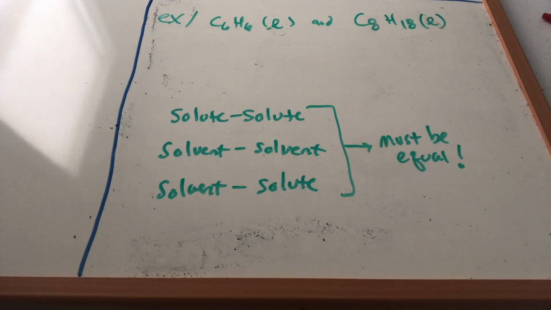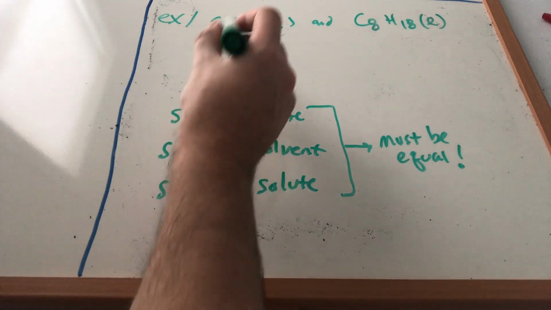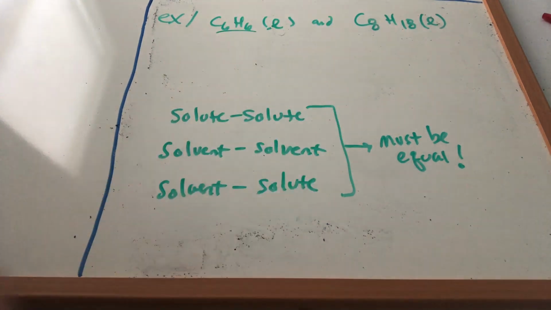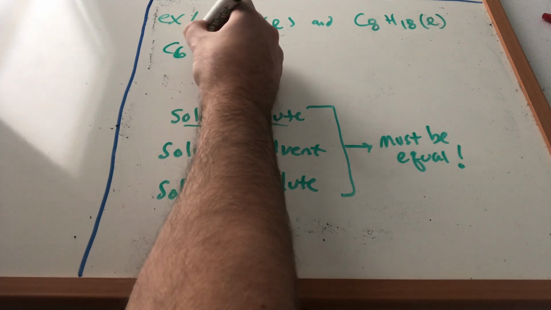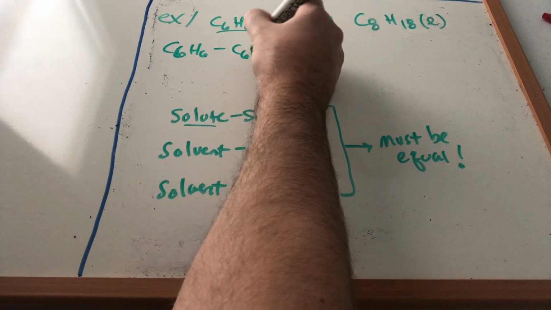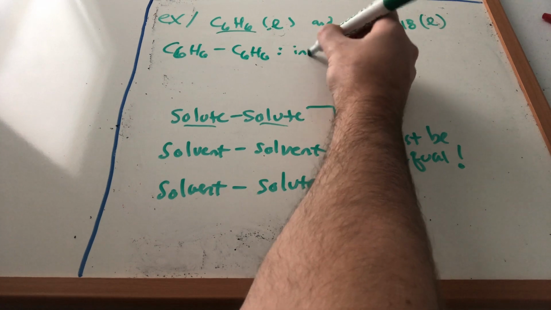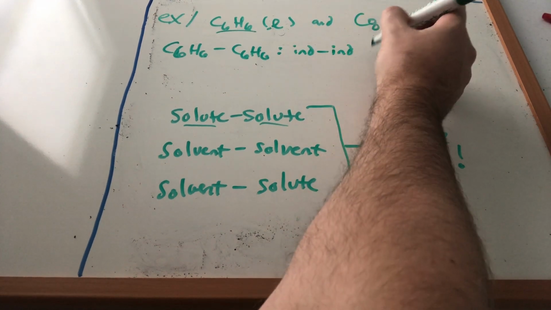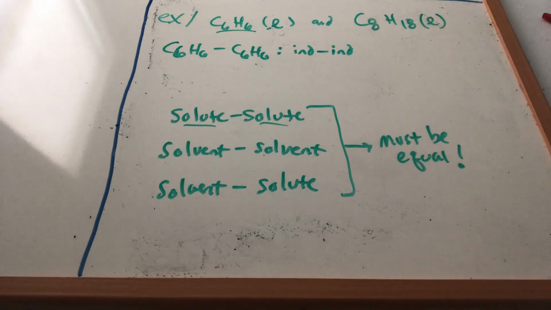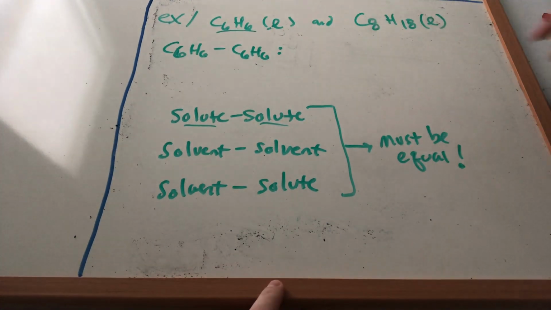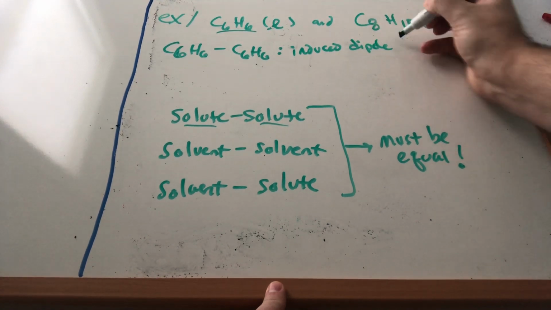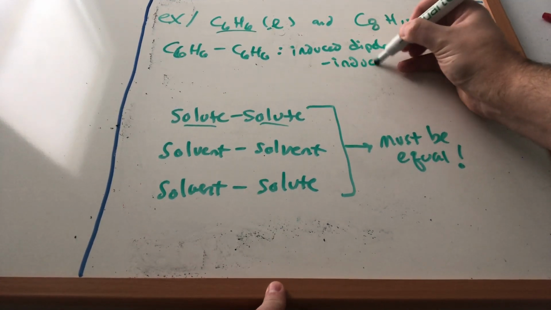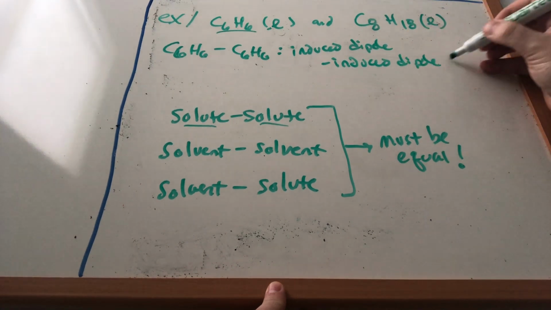If I want to decide whether this is going to make an ideal solution or not, let's take this and pretend it's our solute. So what are these interactions going to be? The way that two non-polar things interact, C6H6 with a C6H6, is with van der Waals interactions, or induced dipole to induced dipole interactions.